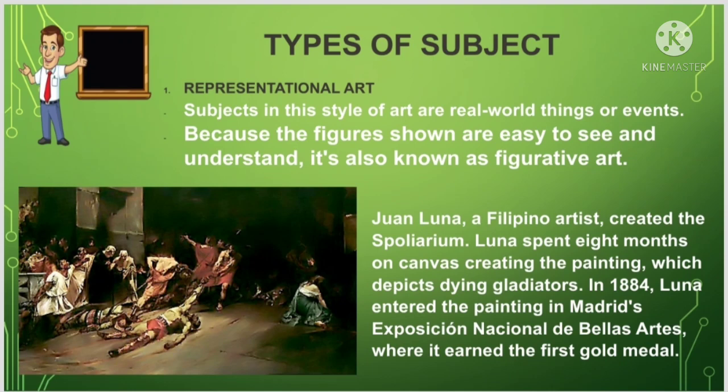So Juan Luna, a Filipino artist, created the Spoliarium. Luna spent 8 months on canvas creating the painting. So imagine, just to perfect this artwork, he needed 8 months. It depicts dying gladiators.